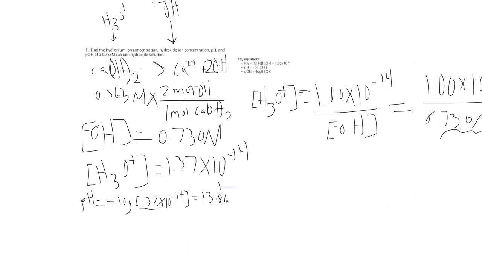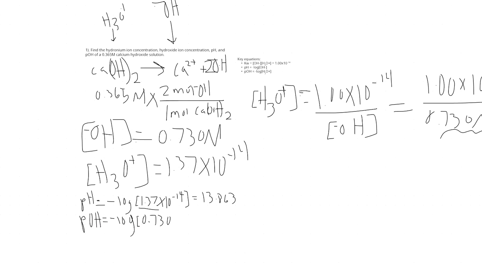Now for pOH. There's another way we can do this, an equation that I will show you in a second. But we have the hydroxide ion concentration, so we might as well use that one because it's easily accessible. There's a less mathy way of doing this, but for now, this is going to be the negative log of 0.730.